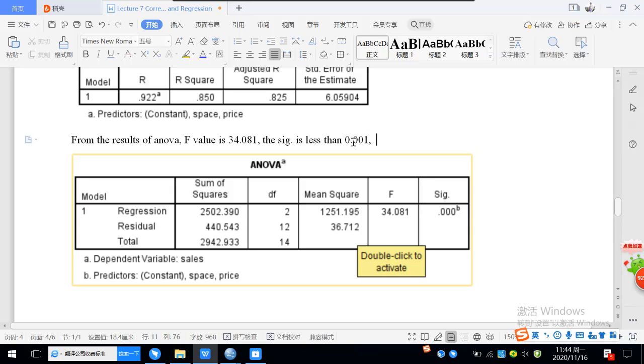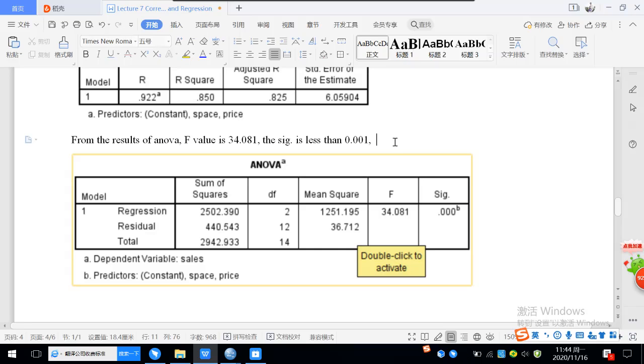Okay, here the hypothesis is the model does not exist. But here the significance is less than 0.001, so that means the model exists. At least one of the coefficients of the variables is not equal to 0. So the model exists.